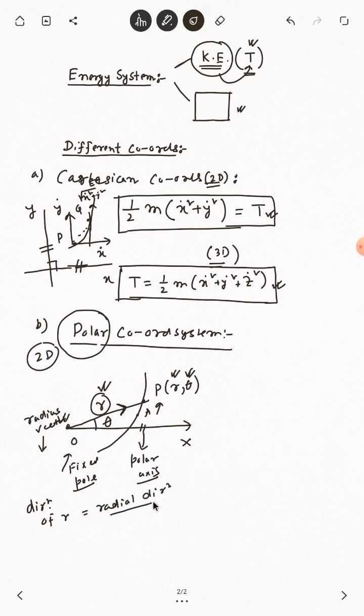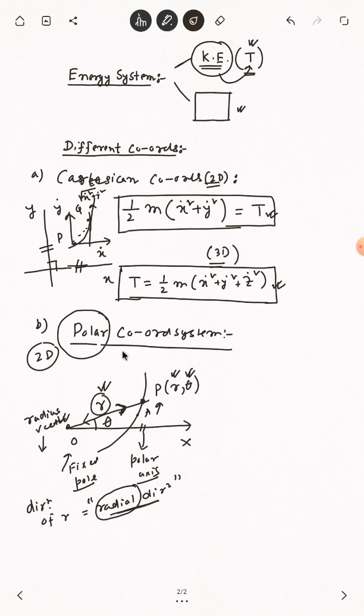Whenever a particle is moving in the polar coordinate system, we have just two important components. One is the radial direction, that means along the radius vector. It may be away from the pole, or towards the pole, but the direction will always be along the radius vector, so it is called radial.